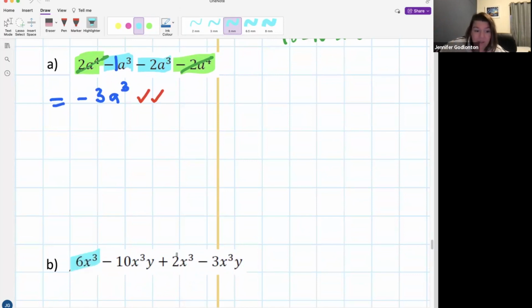So we've got 6x cubed, and we've got plus 2x cubed, and then we've got negative 10x cubed y and negative 3x cubed y. Good luck.